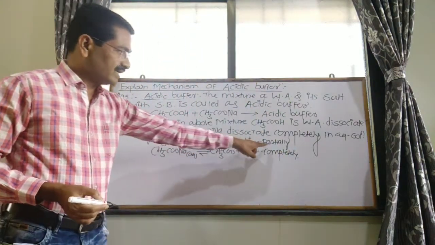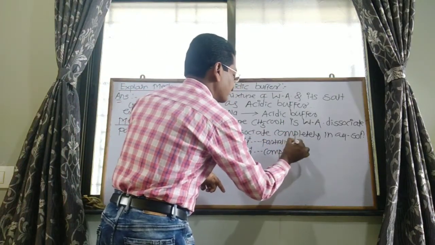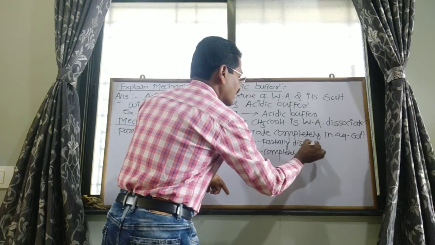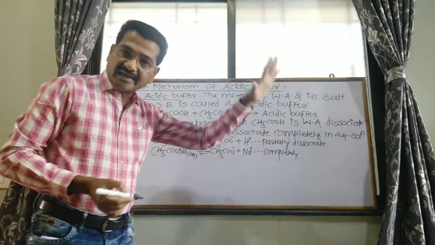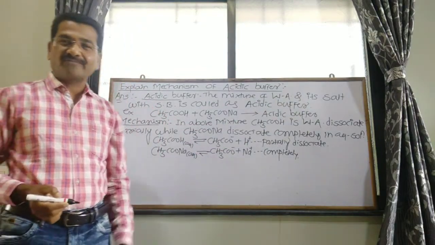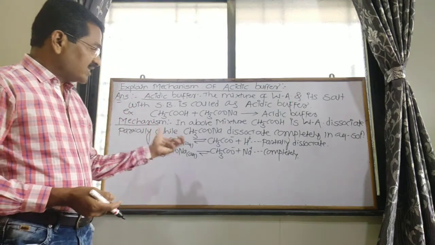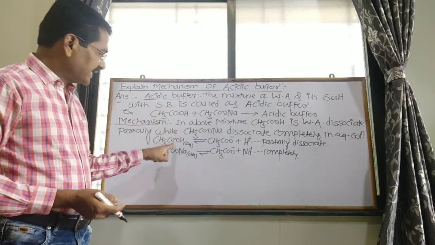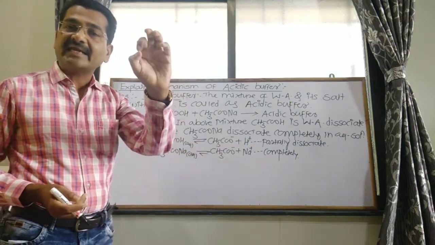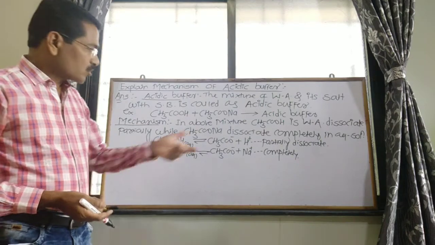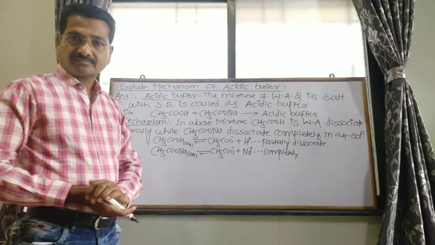Acetic acid is a weak acid and dissociates partially, while sodium acetate dissociates completely because it is the salt of weak acid and strong base. By dissociation of both, we get a common ion, the acetate ions.